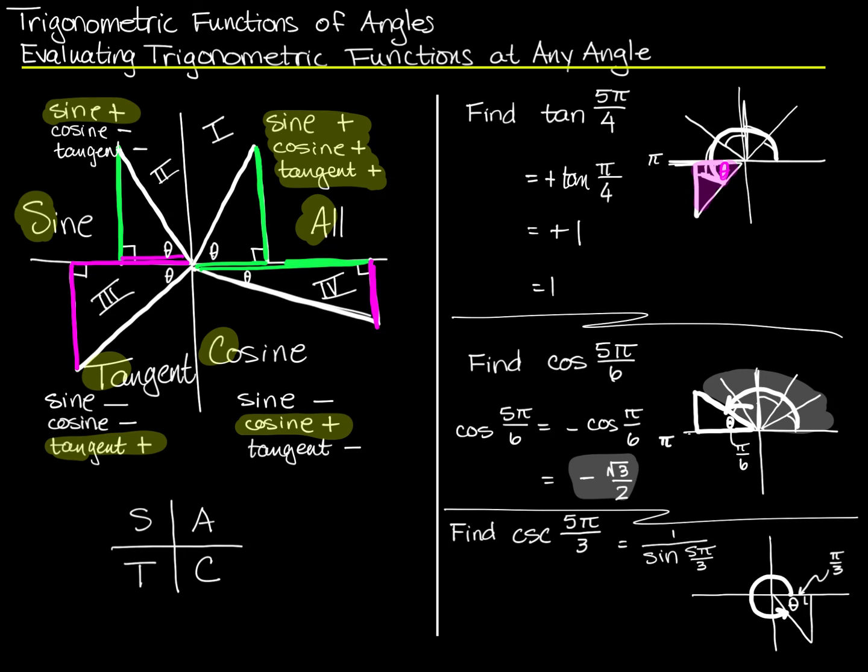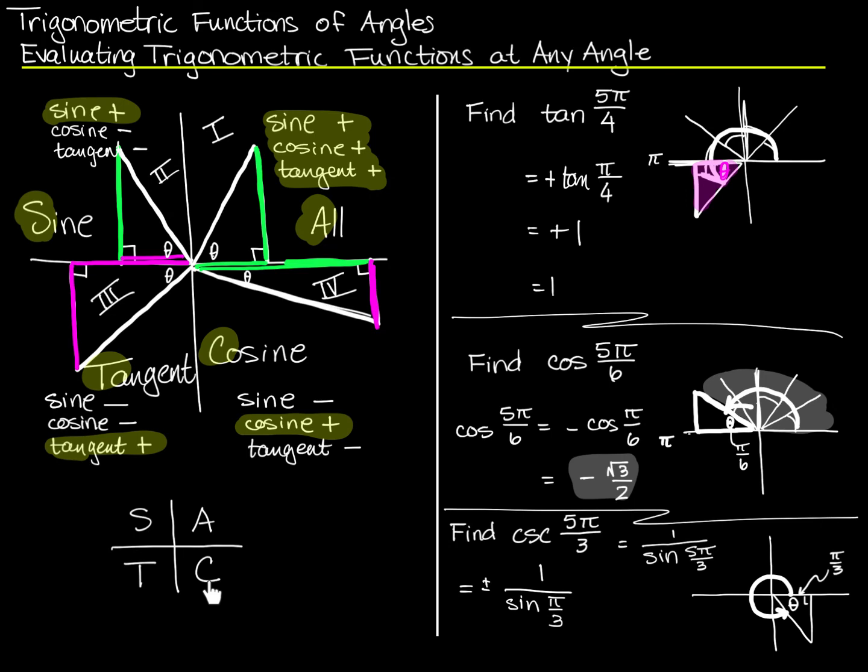So to find the cosecant of 5 pi over 3, I need to find the sine of 5 pi over 3, and that's going to be equal to the sine of 1 pi over 3, but with a plus or a minus. And now I have to go figure out what the plus or the minus is going to be. I'm in quadrant 4, and in quadrant 4, cosine is positive, but that's it. Sine is not positive.